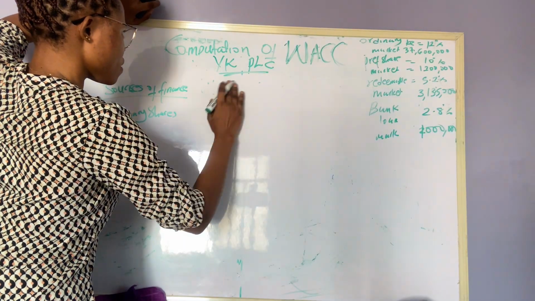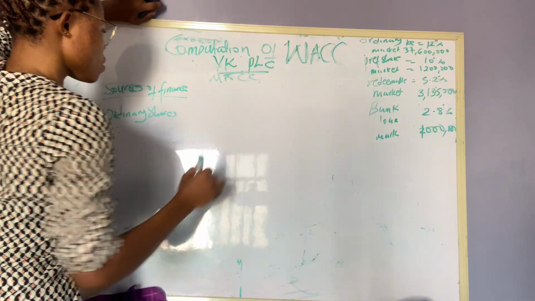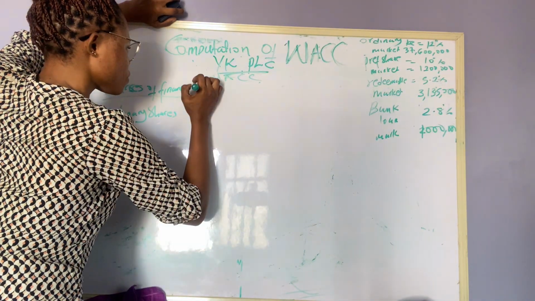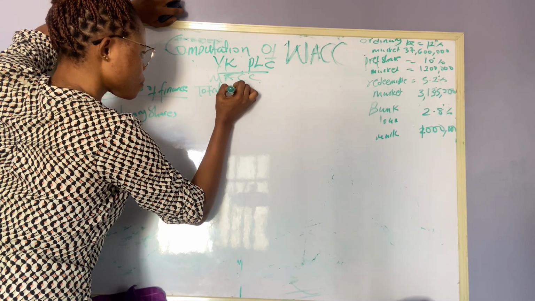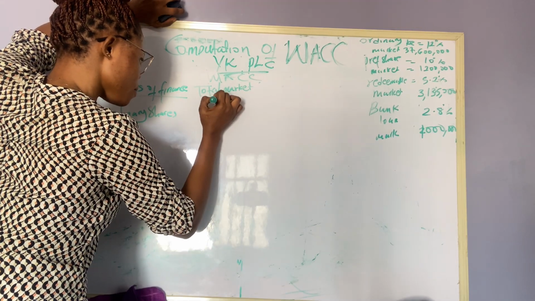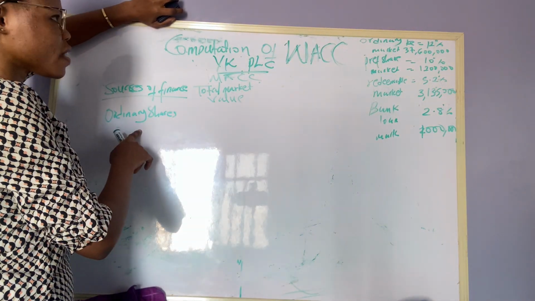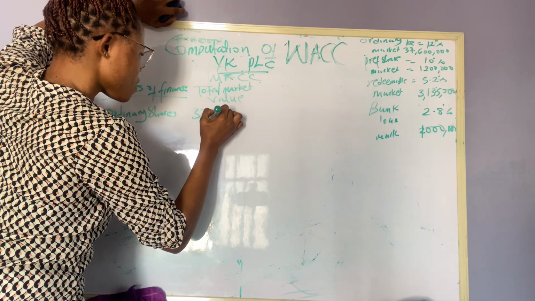We now have the total market value of the ordinary shares, which we bring from there, 37,600,000.